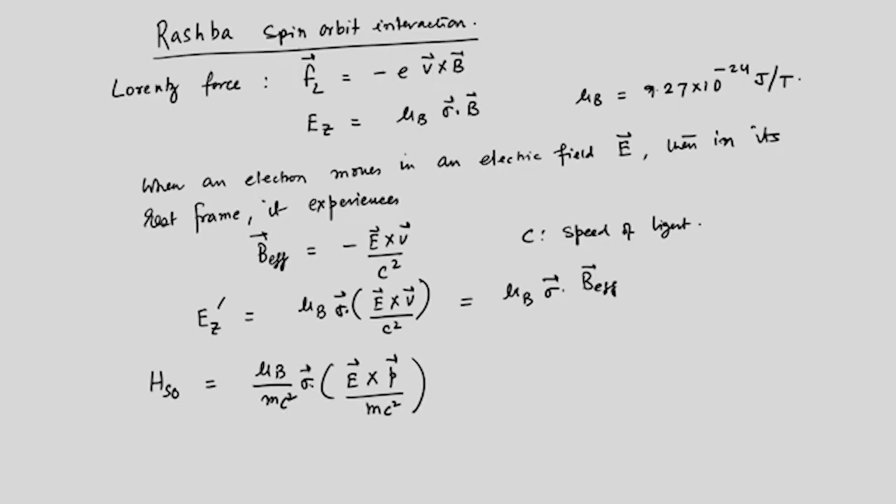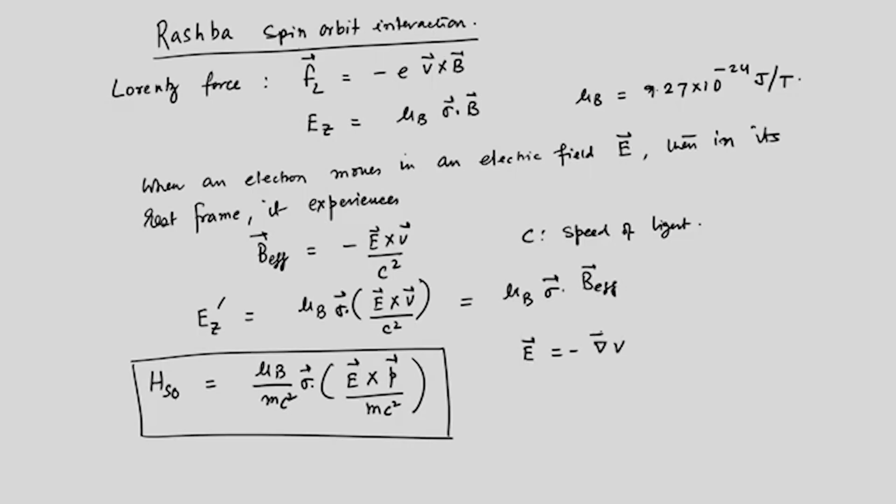This is the spin orbit coupling term that we are interested in, and you will see that the Rashba term looks very similar to that. And what is the origin of E in a crystal lattice? E originates from the crystal potential, which is given by minus E equal to minus gradient of V, where V is the crystal potential.